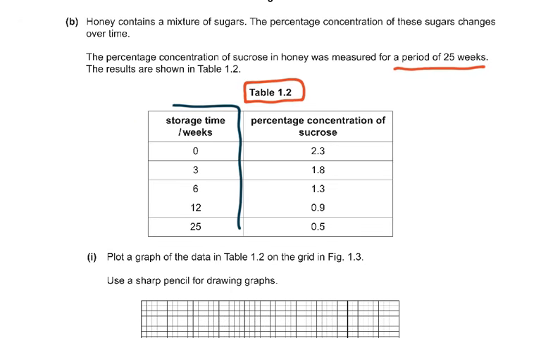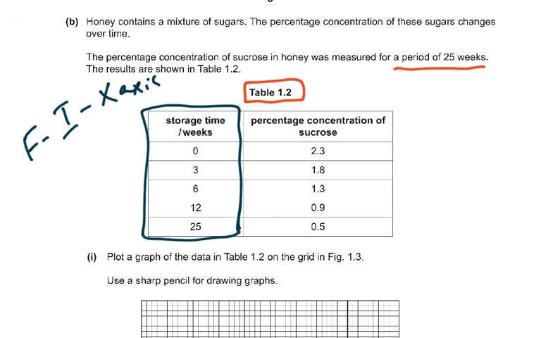the first column in the table is always the independent variable, and that is always plotted on the x-axis. The first column is always the independent variable which we have changed, and that is always plotted on the x-axis.